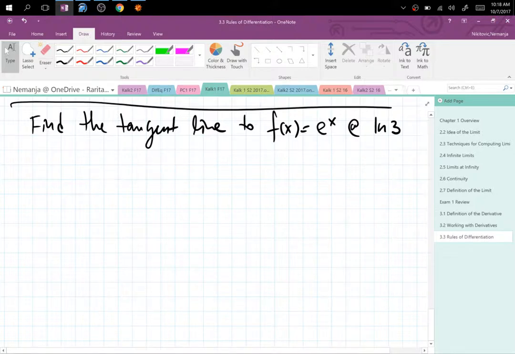What is the procedure for tangent line? Find the slope. What's the slope? No, slope is not e to the x.